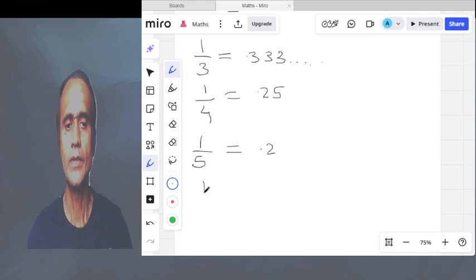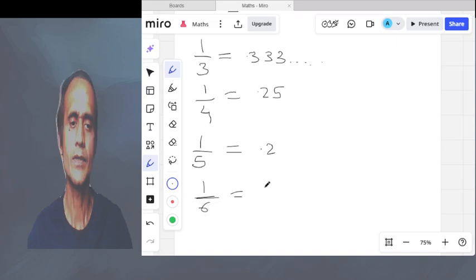Now I take the same number 1 and divide by 6. I get 0.1666 and up to infinity.